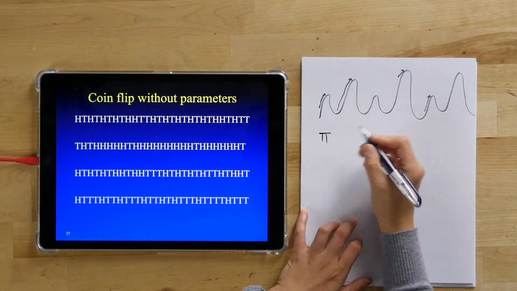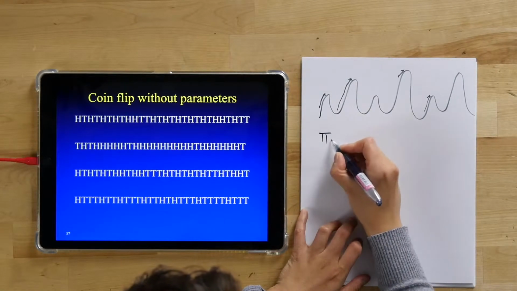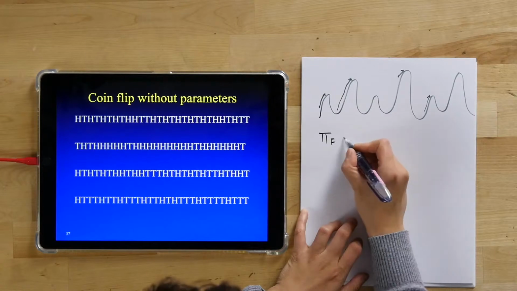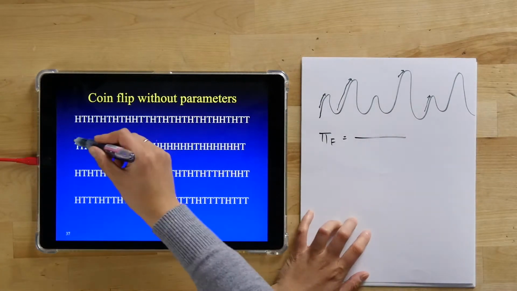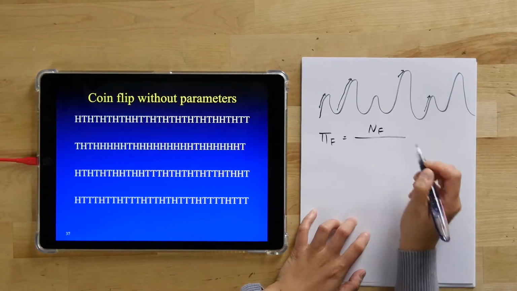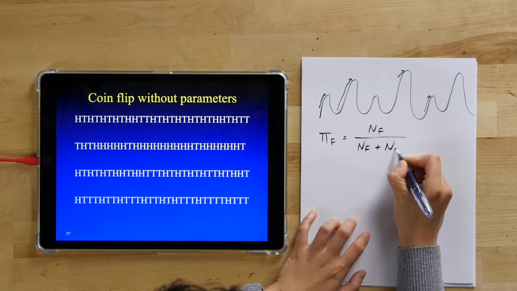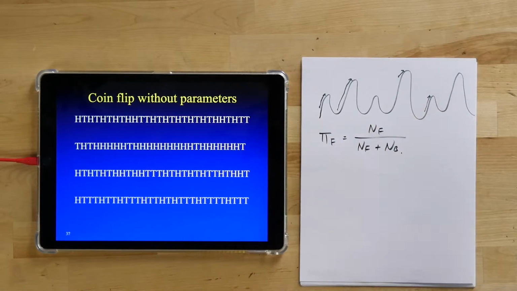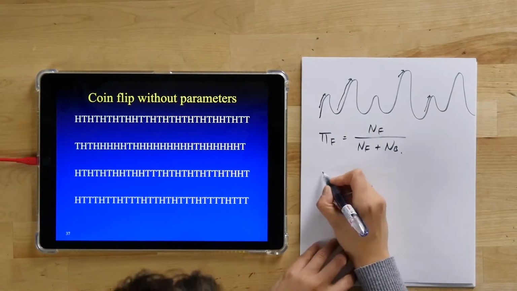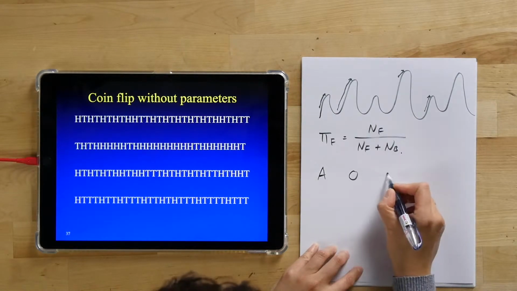But once you assign a coin underneath every one of these flips, we can now estimate the initial probability. How do we do that? The probability of using a fair coin is, out of all the coins we assigned, what is the total number of fair coins over all the coins that we have, right? That's your initial probability. What is our transition probability? You ask, okay, so we have fair coin, biased coin.